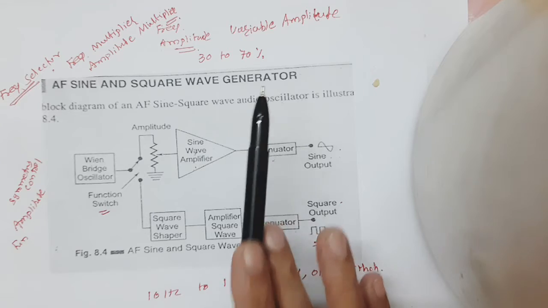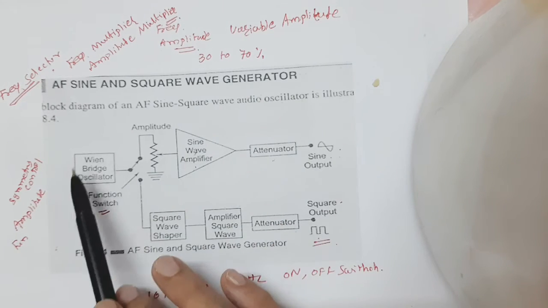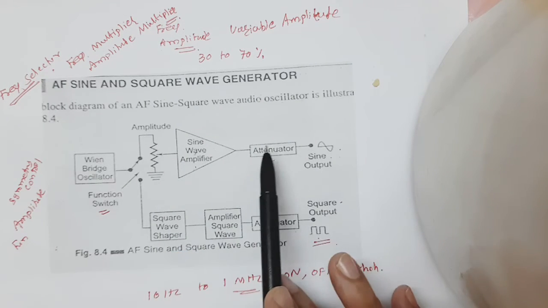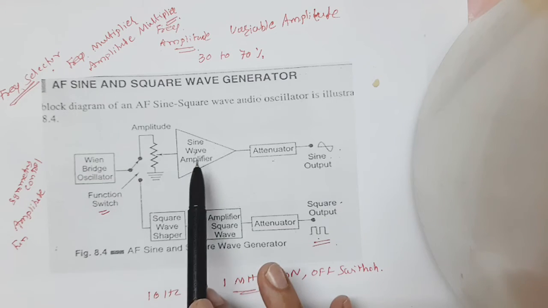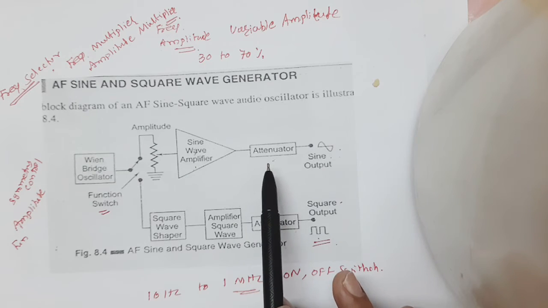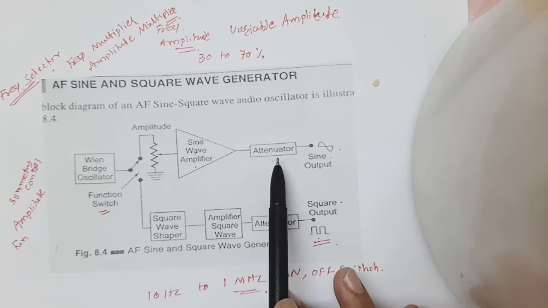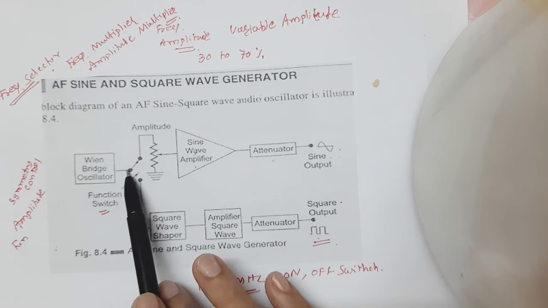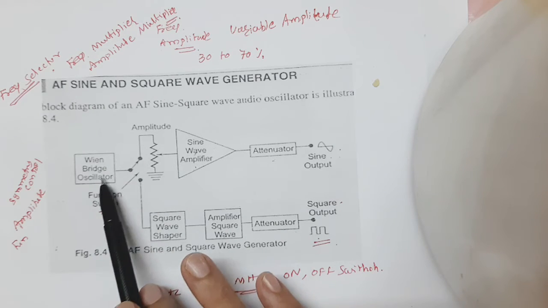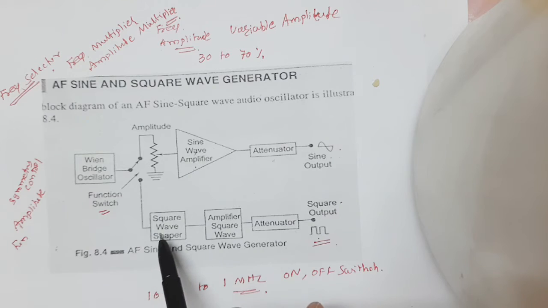I repeat the main parts: the oscillator and attenuator. This oscillator generates the sine wave, amplifies it with the help of the sine wave amplifier, attenuates it with the help of the attenuator, and then it is given to the output. If the functional switch is connected here, then this sine wave is given to the square wave shaper circuit.